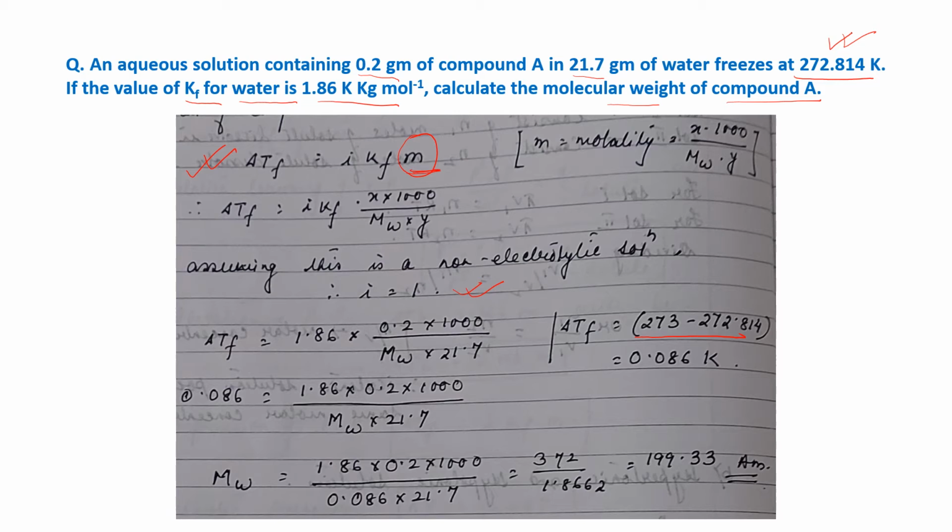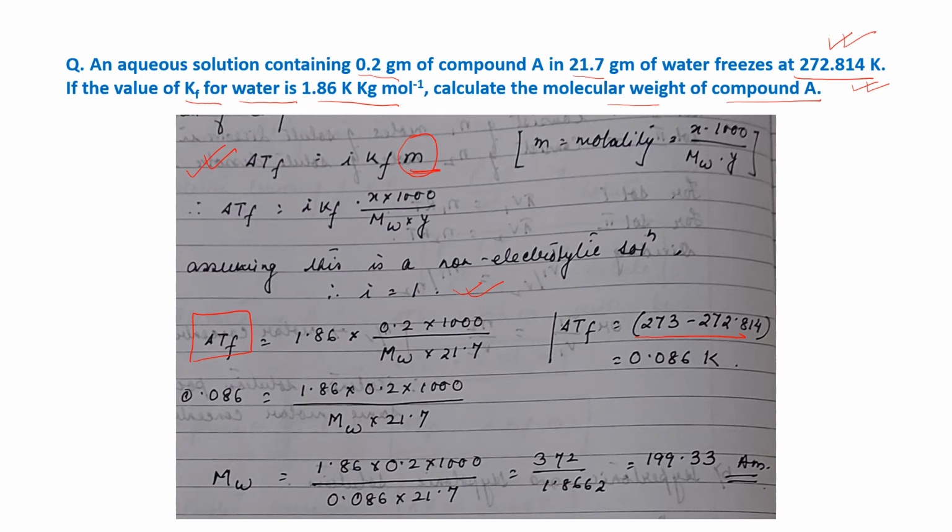This is your freezing point of the solution, but you have to find out delta Tf, because the formula is asking for the depression in freezing point. So naturally you have to subtract it from 273. What is the pure water freezing point? That is 273 Kelvin, 0 degree centigrade or 273 Kelvin.